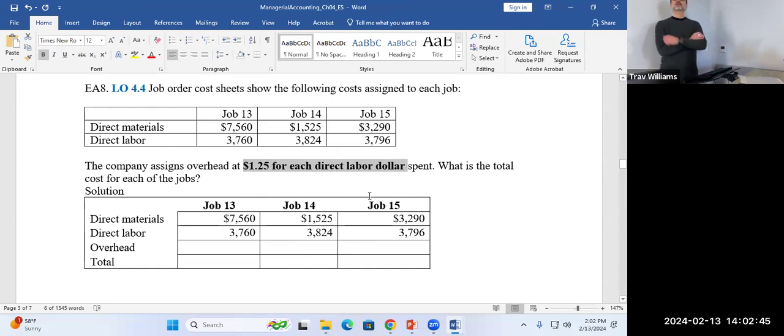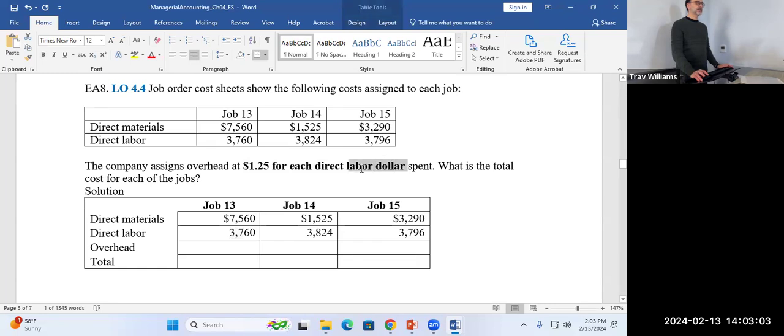So for job 13, how are we going to figure out how much overhead to apply? Multiply? Close. The labor cost, right? Because in this case, they're basing it on the labor dollars, which would be the costs. And we have the labor costs here. It doesn't have a dollar sign, but we know it tells us these are the costs.